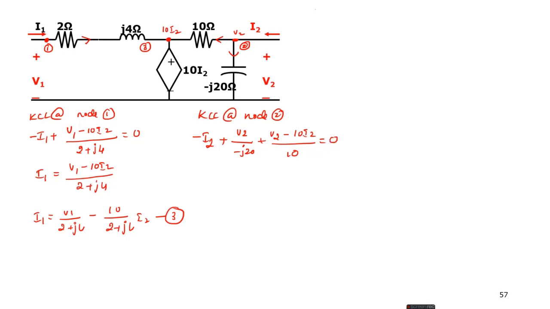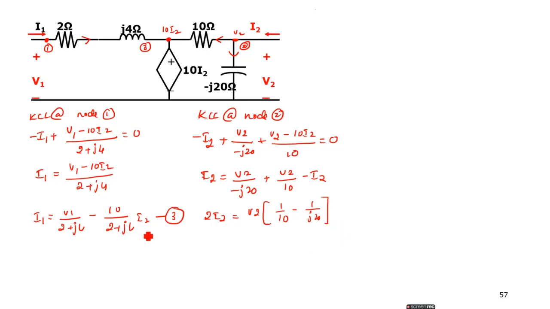Alright. Now simplify this. So I2 equals V2 divided by minus J20 plus V2 divided by 10 minus 10 by 10 is cancelled. It is only I2. So I2, if it comes here, 2 into I2, that equals, take V2 common, 1 by 10 minus 1 divided by J20.